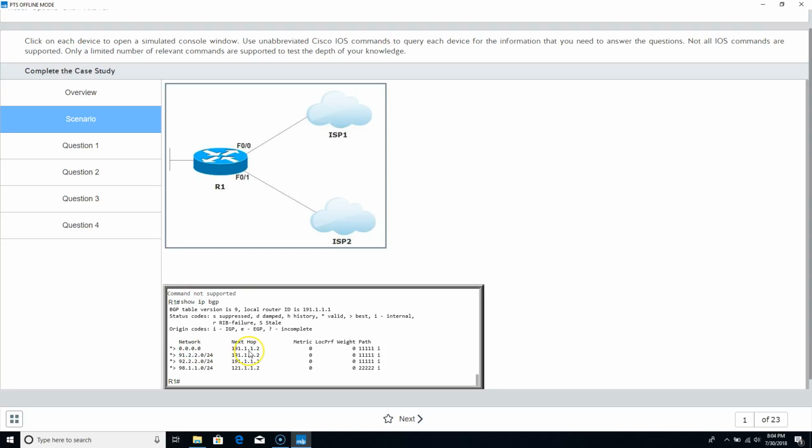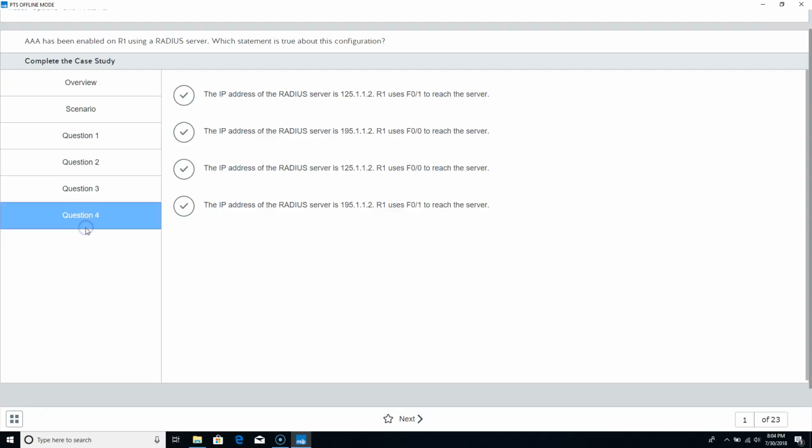So 191.1.2, this is going to use FA0/0. So the IP address is in router 195.1 using FA0/0, that one is in the FA0/0.